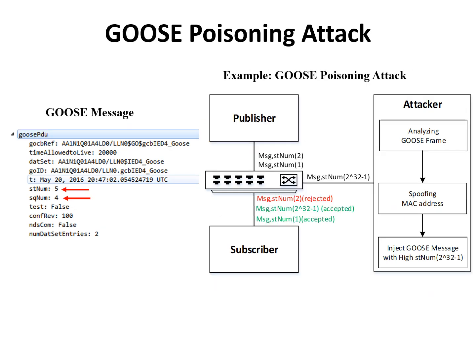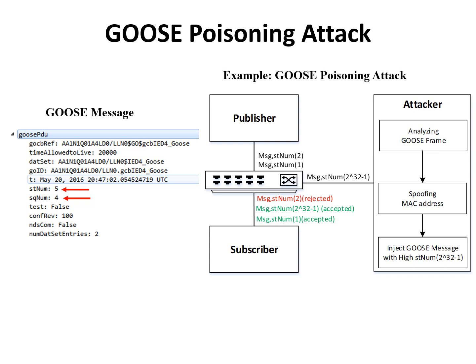Goose poisoning attack is based on the fact that the subscriber's IEDs should disregard the received message if the message number is less than the message number of the previous message. In this attack, the attacker sniffs the network, waiting for a goose message transmission. Once the message is received, the attacker can decode the message and obtain the latest number and broadcast a new message with a much higher status number.